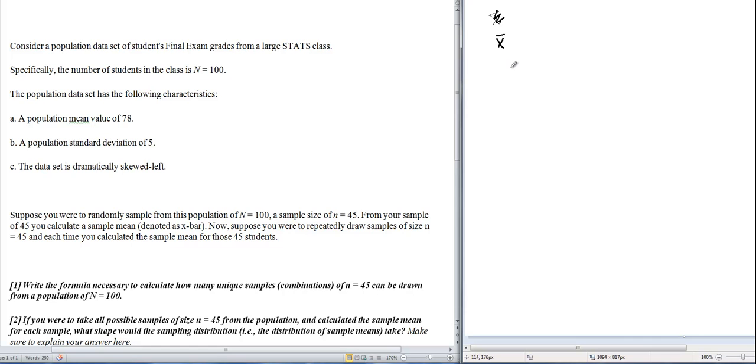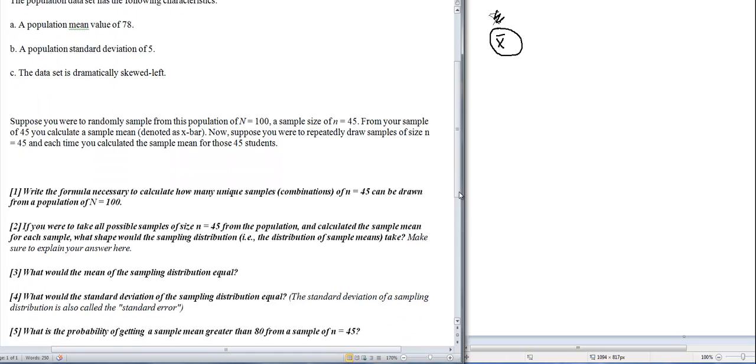Every time you take that sample, it's a random sample, so x bar is a random variable, and the collection of all possible x bars from a sample size of 45 from my population of 100 would make up what's called a sampling distribution for the mean.